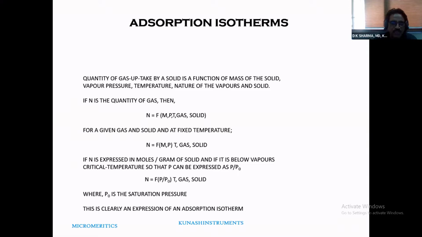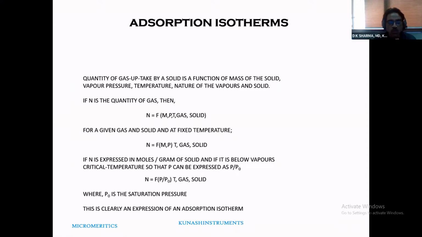Now, this total amount at a fixed temperature means we are talking about an isotherm. Since it is a gas measurement, the total amount is usually expressed in volume, because that's a property which can be measured easily.